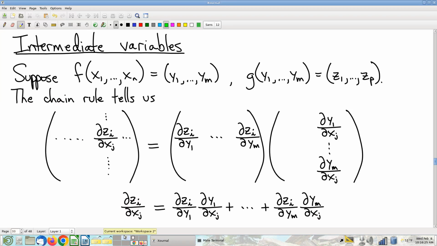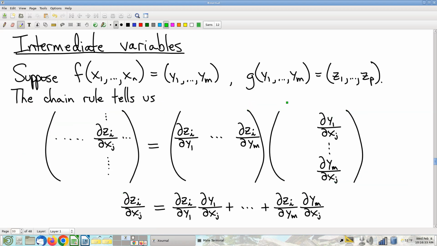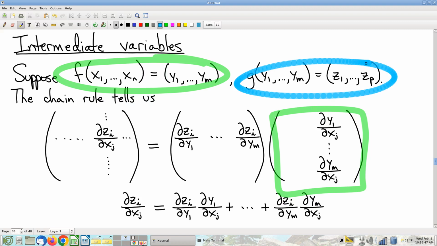Alrighty. So, last time we were talking about the chain rule. And here's the chain rule as applied to the composition of the following two functions. You see I've got f, where x's go in and y's come out. And so there's its derivative matrix full of partials. And then here's g. The outputs from f, namely the y's, go into this function, and then the z's come out.